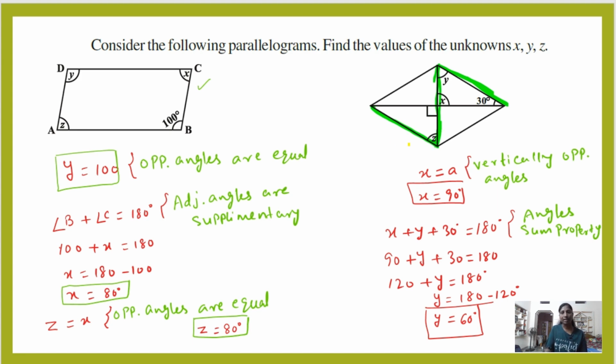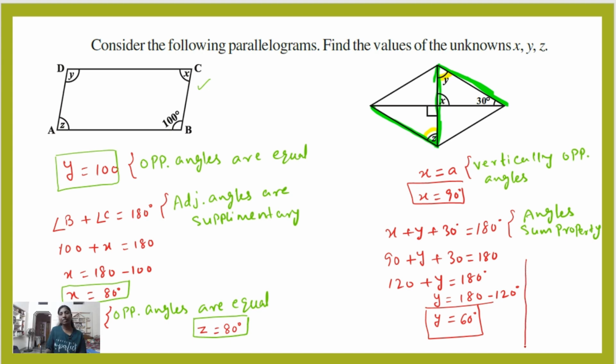So these two angles are called alternate interior angles. Alternate interior angles are always equal. So y is equal to z. Why? Alternate interior angles are equal. So here z is equal to 60 degrees. So now we got the value of z also.